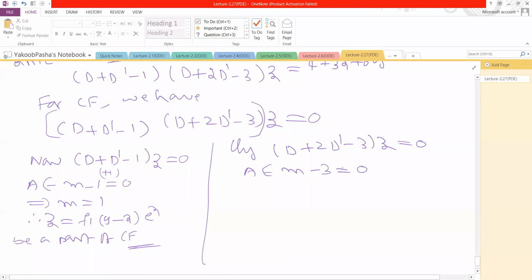So we get m minus 3 equal to 0, so m equal to 3. m equal to 3 means therefore z equal to, now use the arbitrary constant f of y. Here the D dash coefficient is plus 2, so what should we take here, minus 2, into x into e to the power of 3x.